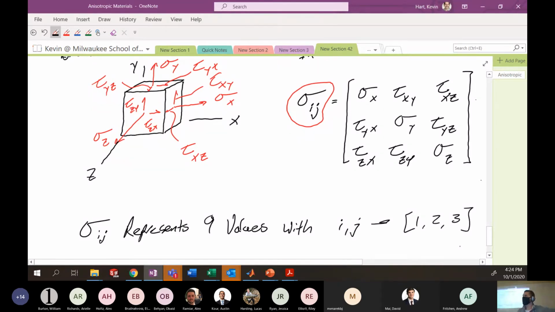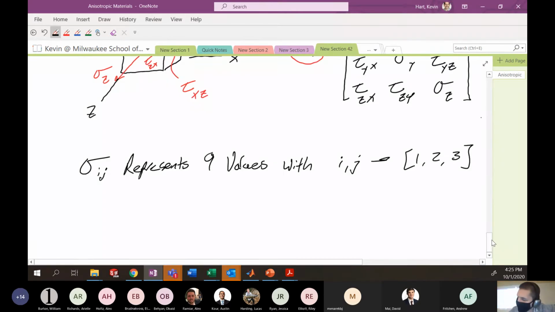We understand this? Okay. Or if you want to think about it in the previous example, it would be x, y, z. All right. 1, 2, 3, x, y, z.